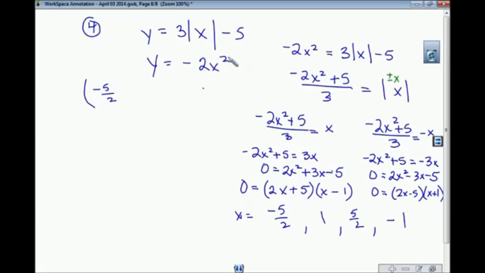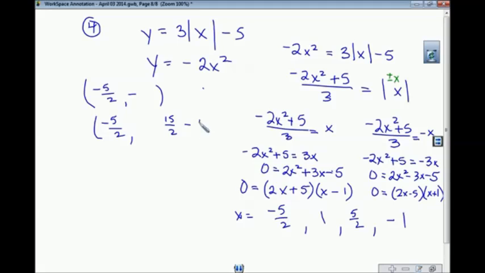If I plug it in here and I square it, and I multiply it times negative 2, isn't it going to be a negative number? Okay. If I plug it into the top one, it becomes positive, right? And then times that would be 15 halves. So now we're at 15 halves. But then we have this minus 5.